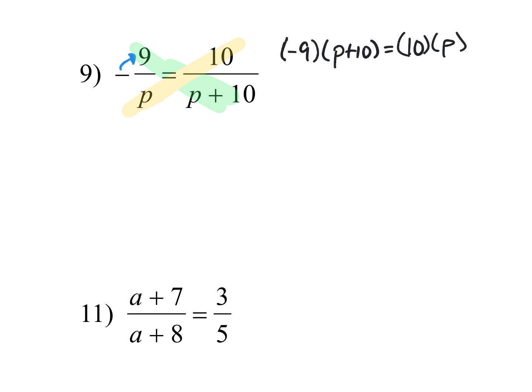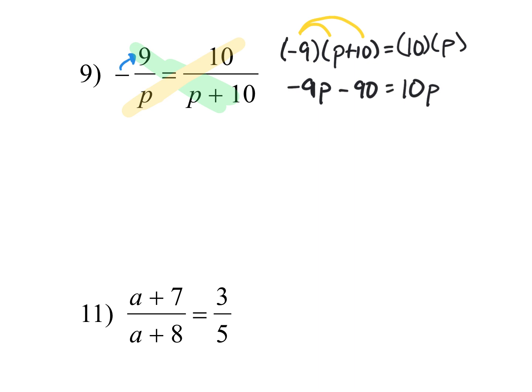Now, on the left-hand side, we've got to distribute, right? So you've got to take that negative 9 and distribute it to the p and the 10. So that gives you negative 9p minus 90. And that is equal to, well, 10 times p is 10p.